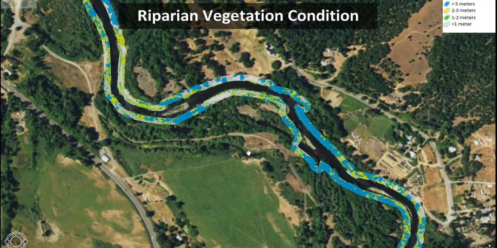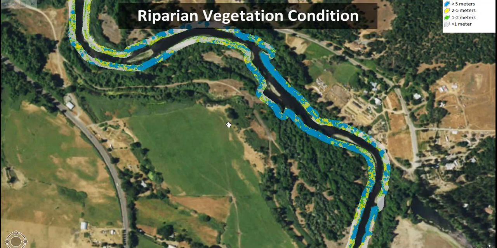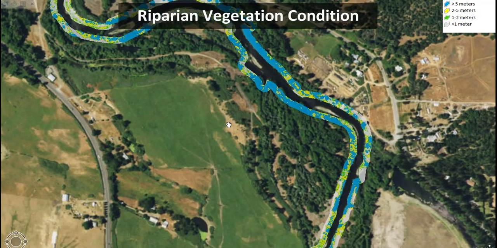And this is really important for the purposes of modeling shade, because we need to understand where we have current shade and where we could potentially improve riparian conditions through planting projects. So using this information to get us started with understanding those vegetation conditions. We've also adapted this method where we don't have LiDAR data available, because unfortunately we don't have it in all of the watersheds in which we're working.